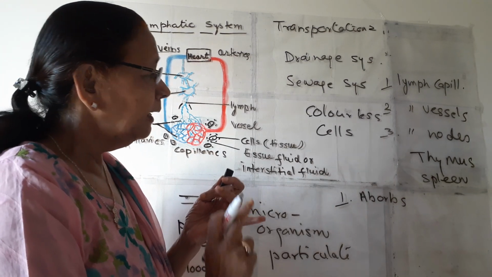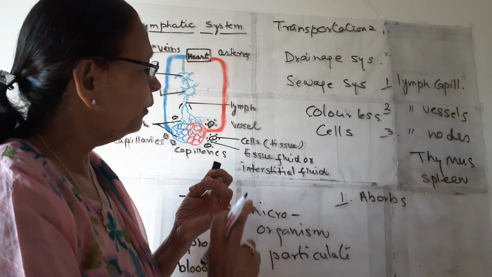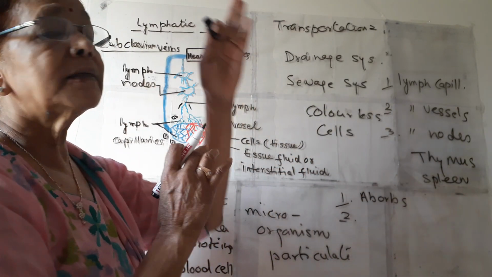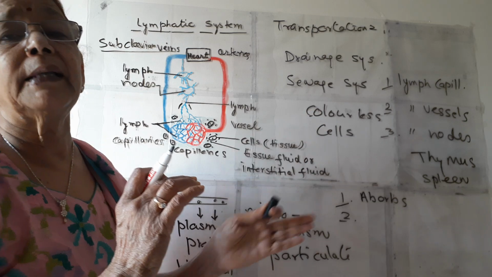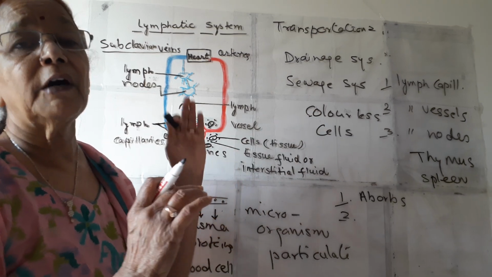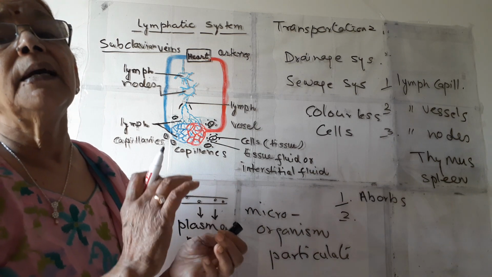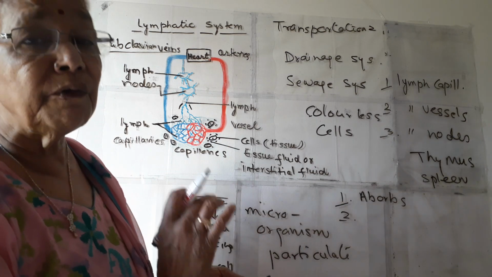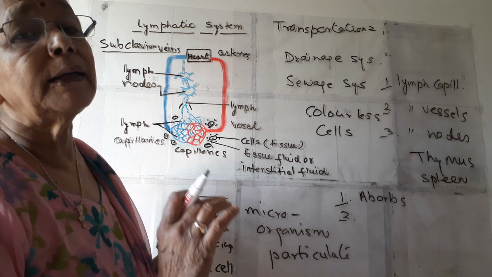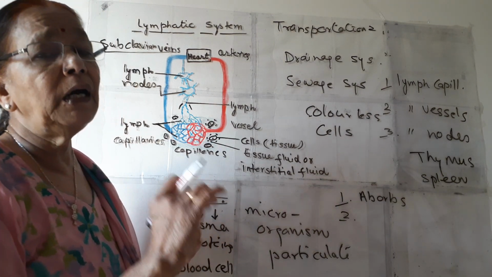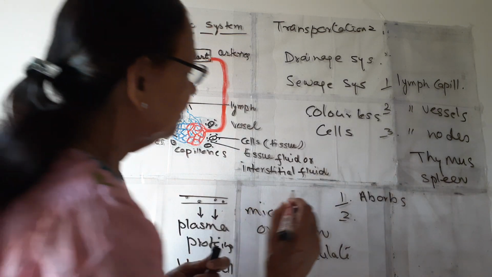The second function is that this lymph circulates inside the body and covers all the body cells. And this lymph has disease fighting cells, the lymphocytes, so it helps to increase the immunity of the body. So this is the second function.